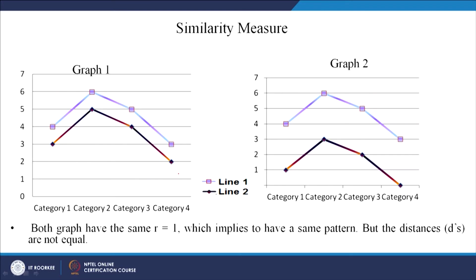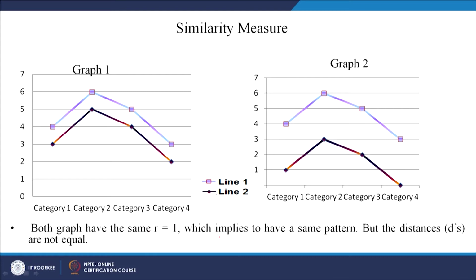Look at this similarity measure. In both graphs, look at the pattern of the data: it rises, then falls more, rises, falls more. The same thing is happening in both cases. In terms of correlation, both have a correlation of 1, r equal to 1.